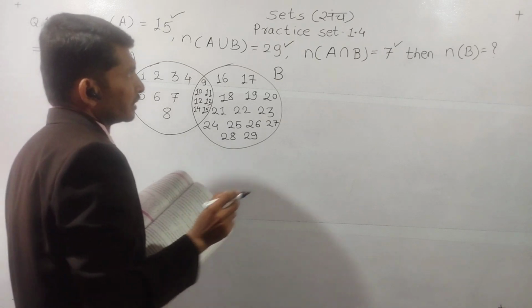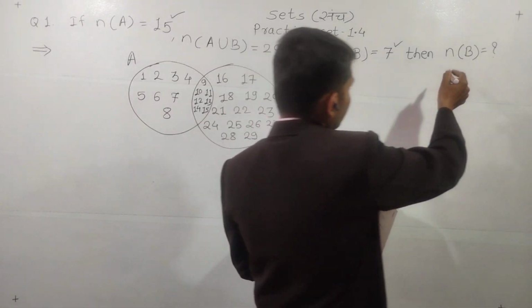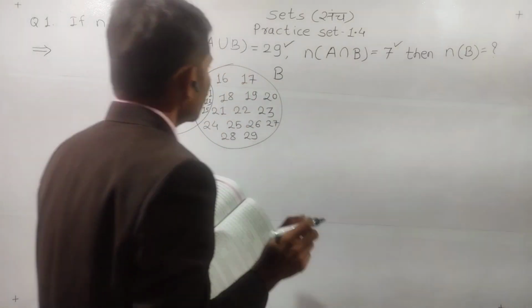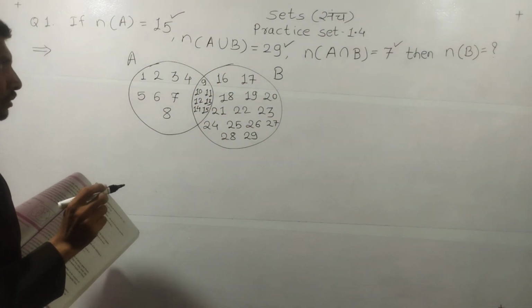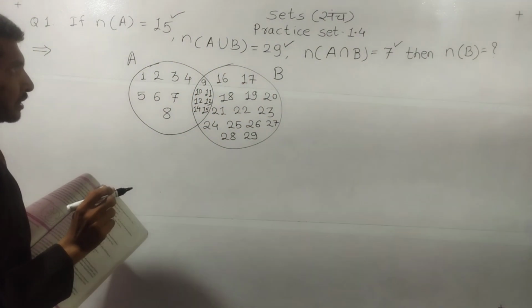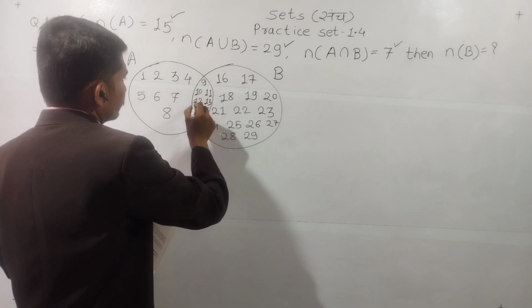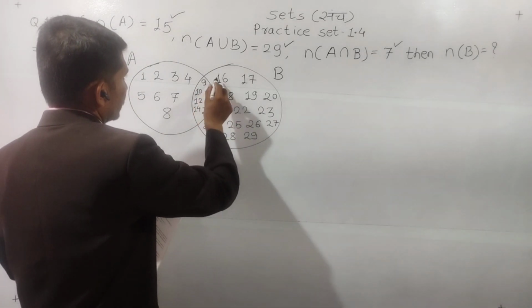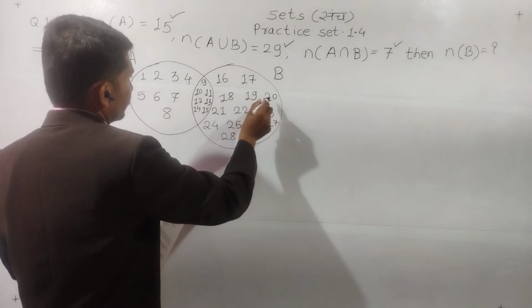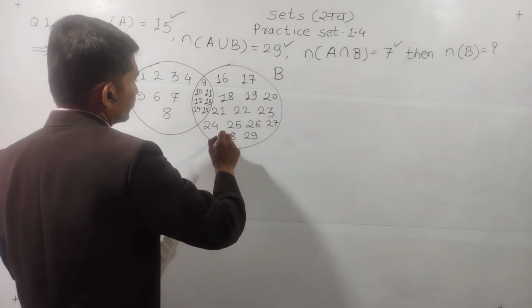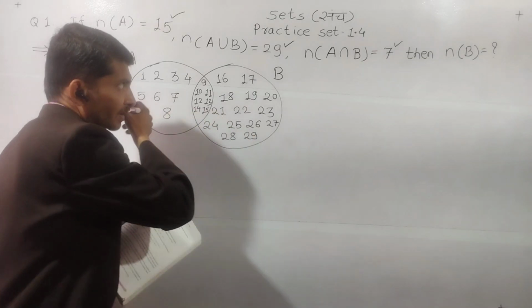Now then tell the number of elements present in set B. So we have to count the total elements in set B. So 1, 2, 3, up to 19, 20 and 21.